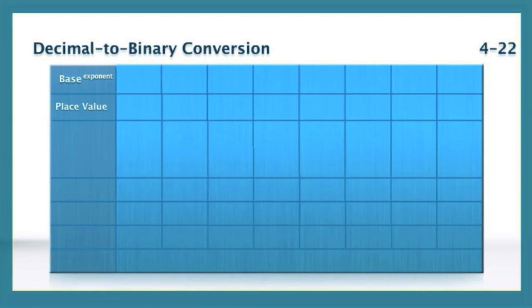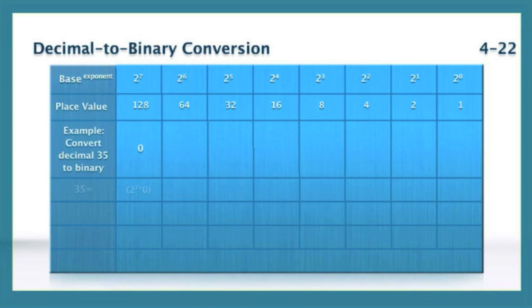Let's take a look at taking a decimal number and converting that decimal number to binary. They give us the number 35, and they want us to convert that number to binary. Notice right up here they have our conversion chart.